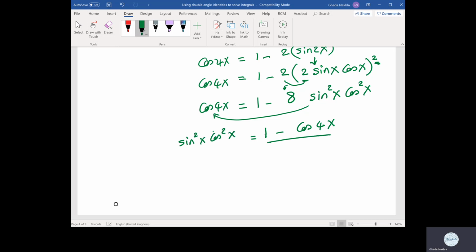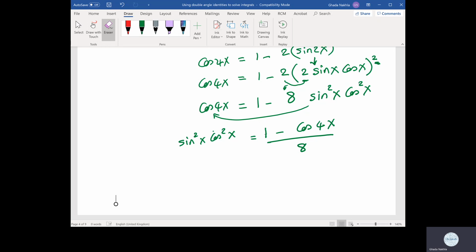So let's add 8 sine squared cos squared to both sides, then subtract cos 4x from both sides, and then divide by 8. So basically manipulate this one here.